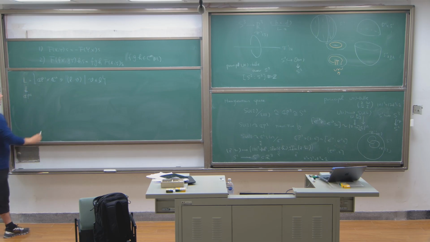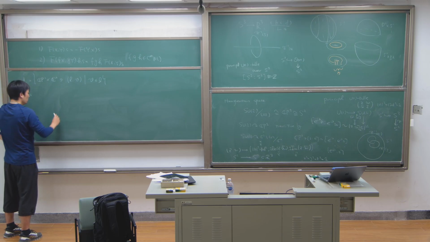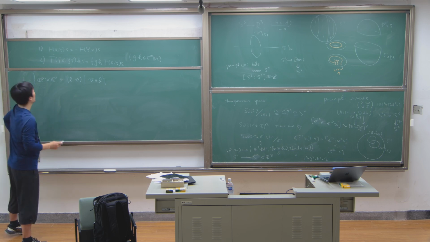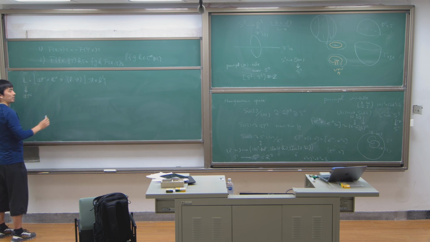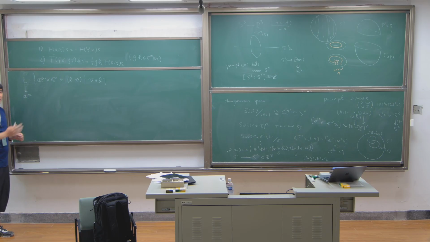CP1 is essentially the lines inside of C2. The point in CP1 is a line inside of C2.